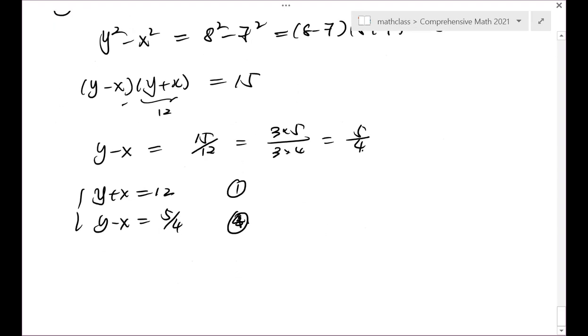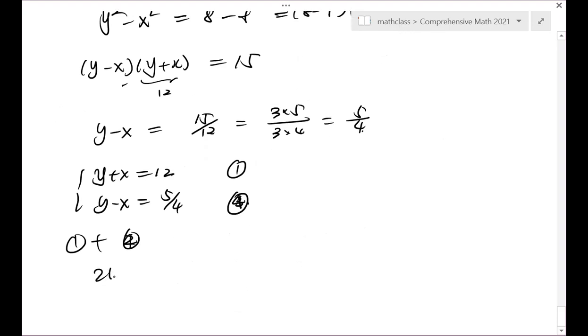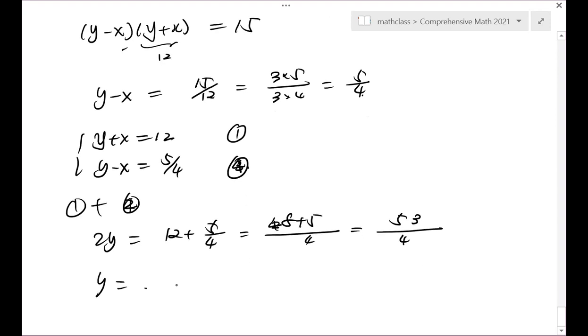Add those 2 equations together, and you get 2y equals 12 plus 5 over 4, and 48 plus 5, that's 53 over 4. It's a pretty strange number. y equals 53 over 8.